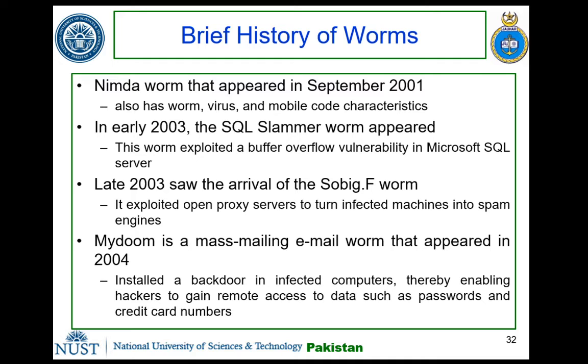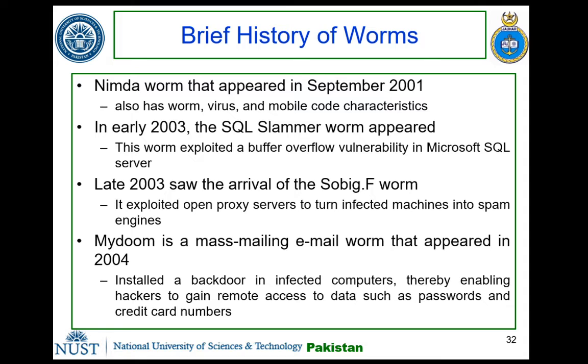The Nimda worm appeared in September 2001; it also had the capability of worm, virus and mobile code characteristics. In early 2003, the SQL Slammer worm appeared. This worm exploited a buffer overflow vulnerability in Microsoft SQL Server. Late 2003 saw the arrival of the SOBIG-F worm.